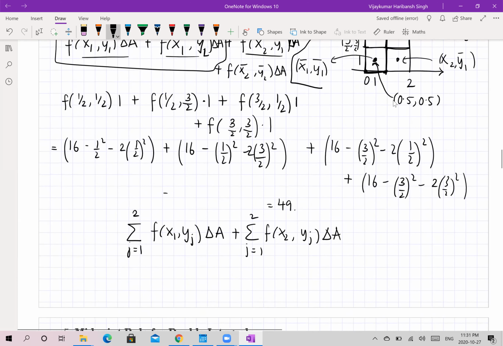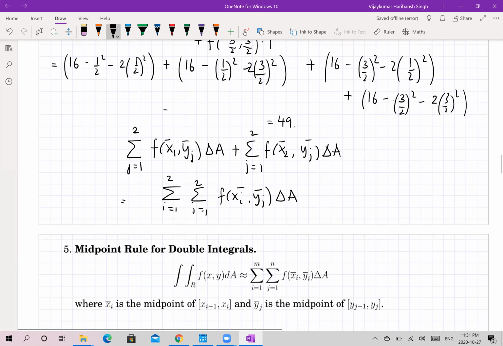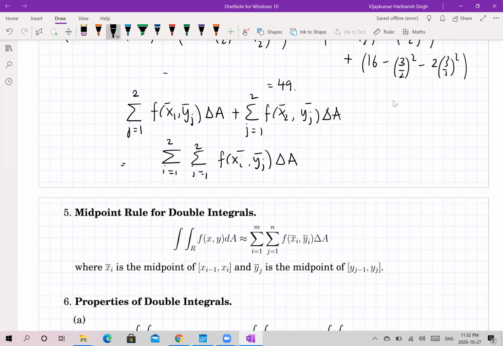And if you want to write it as one sum, you write it as i going from 1 to 2, j going from 1 to 2. These are bars, by the way, because they are midpoints. f of xi bar yj bar delta a. So you're writing this as a Riemann sum. That is the key idea behind it, and this is what the midpoint rule is for the double integral.